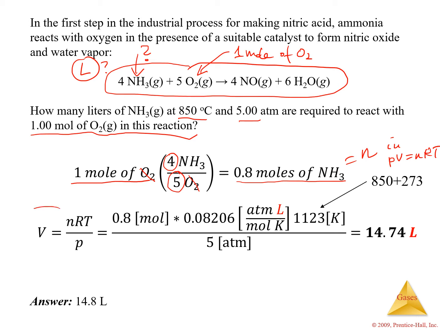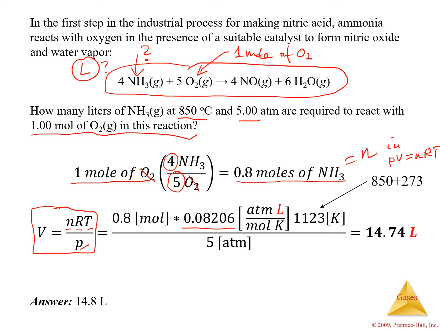So if the question is asked about the volume of the gas, notice that now we have all the information needed of the ammonia to calculate its volume. We have the number of moles, the R value is given, and we have a choice of our familiar R value in units of atmosphere, liters, moles, and Kelvin. Temperature is given; the only thing is it has to be converted to kelvins, and pressure is also given, already in atmospheres.